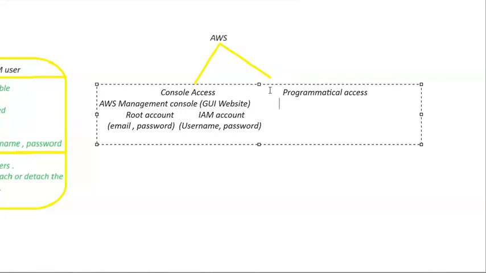What do you mean by programmatic access? In programmatic access, you can access AWS by using the AWS SDK. SDK means software development kit. In the SDK, you write code and execute commands to access AWS. That means you can create a resource, delete a resource, or perform any task by simply writing code.